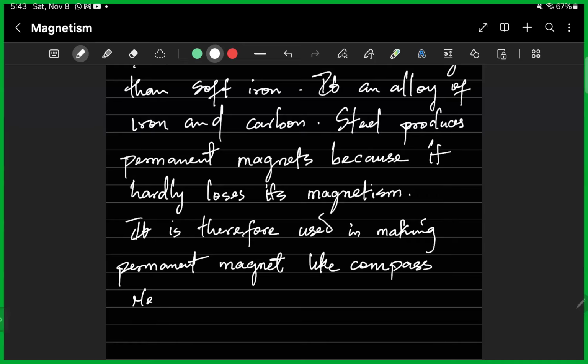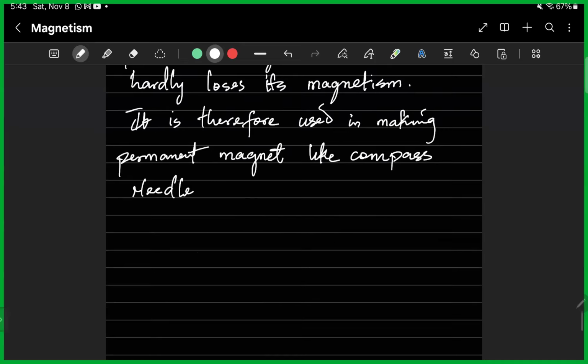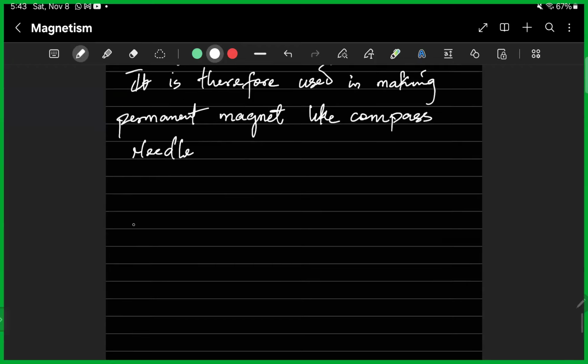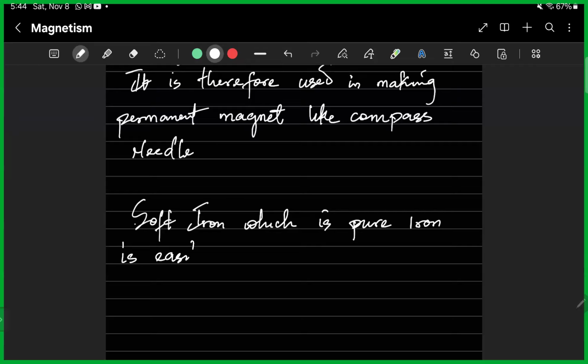On the other hand, we can say soft iron, which is pure iron, is easily magnetized but loses it easily. You can magnetize it more easily than steel, but it also readily loses that magnetic property.